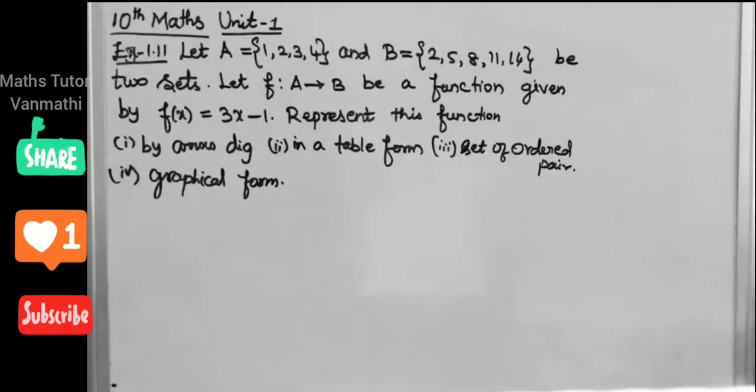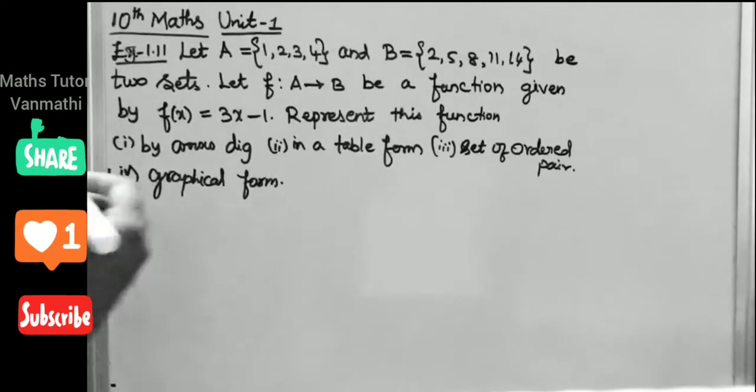Represent this function by arrow diagram, in table form, set of ordered pairs and graphical form. So the given question has two sets, A and B, and a mapping f from A to B that is a function given by the condition f of x equal to 3x minus 1. We are going to represent this function by arrow diagram, table form, set of ordered pairs and graphical form. Let us go on to the solution.